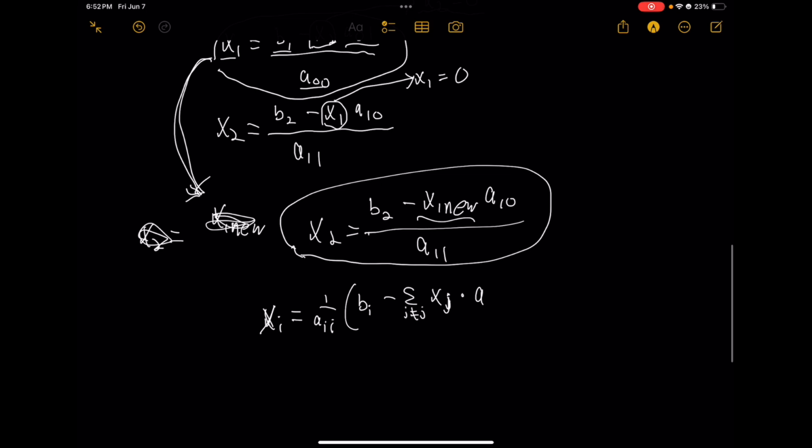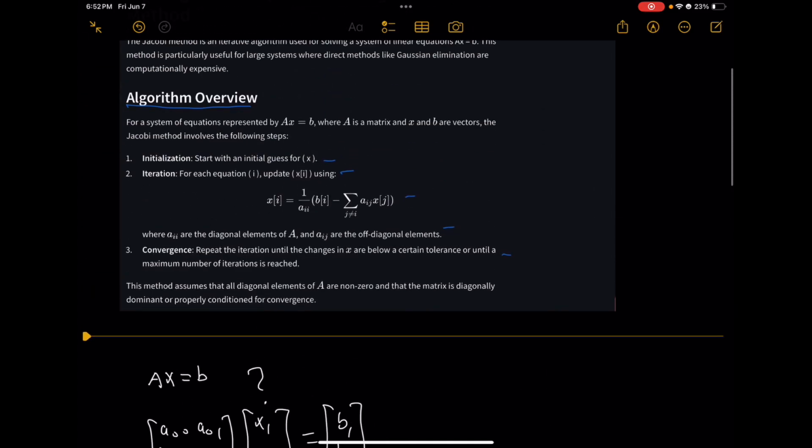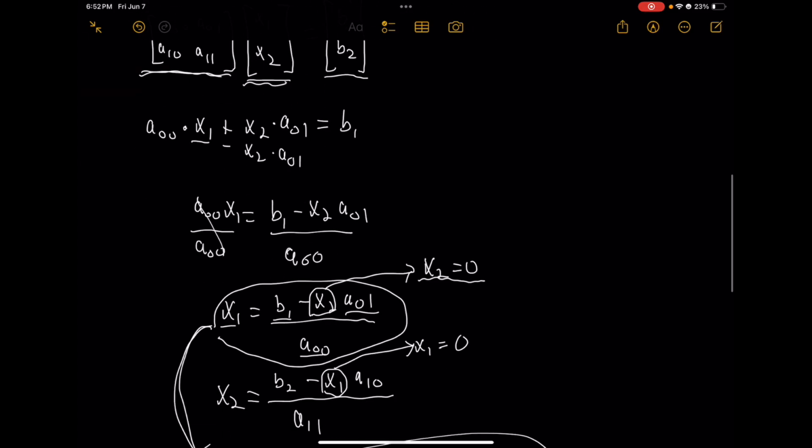That would be the full equation. You can see it up here, a little neater.